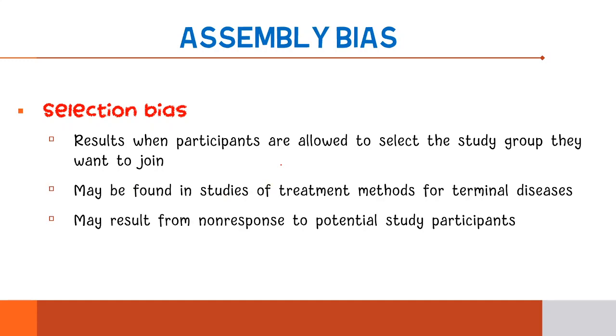And this may be found in studies of treatment methods for terminal diseases and may result from non-response of potential study participants. Now, dili ta sugod sa kaning may be found in studies of treatment methods for terminal diseases. Diba? If you are a severely ill patient, we are the most willing to try a new treatment.